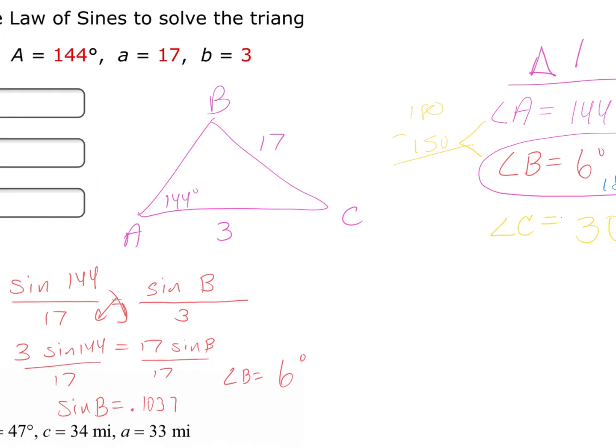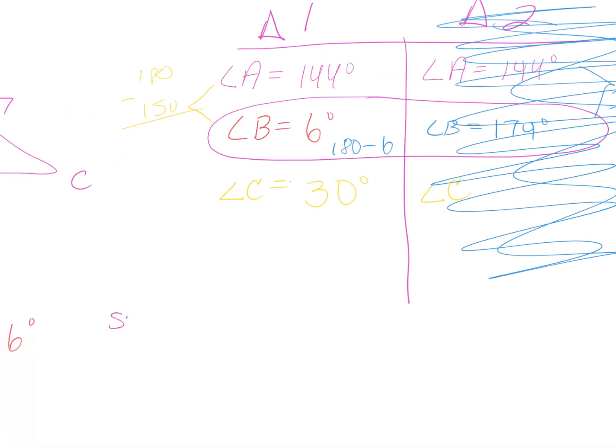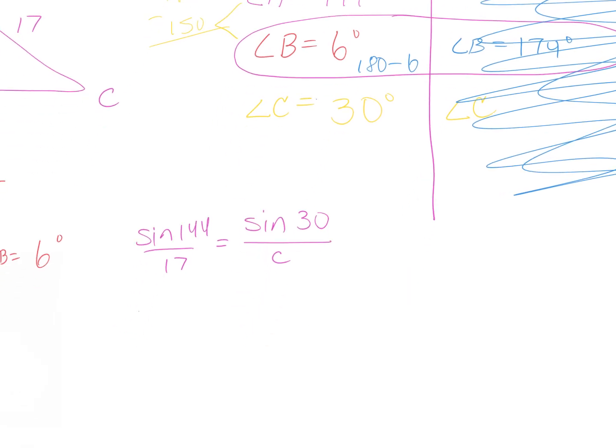Side C. So I'm going to use 144 and 17. So sine of 144 over 17 equals the sine of 30, which is what we just figured out, over C. So we cross multiply. 17 times the sine of 30 equals C times the sine of 144. Divide by sine 144.